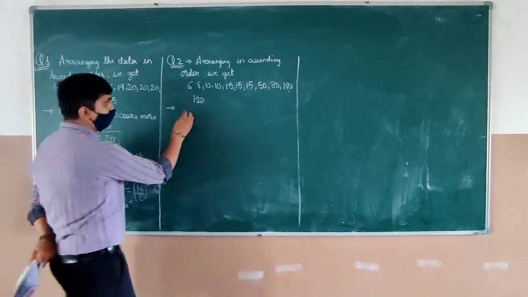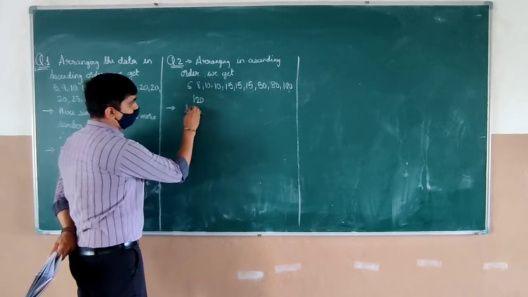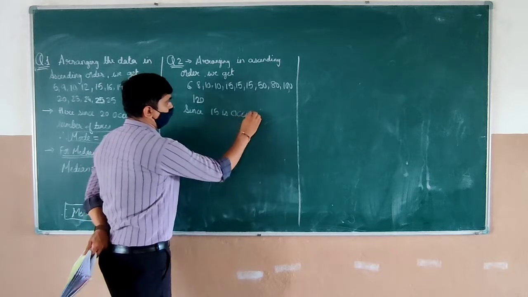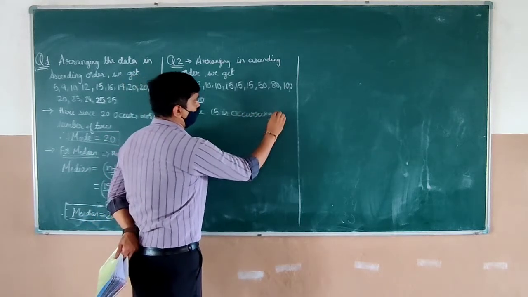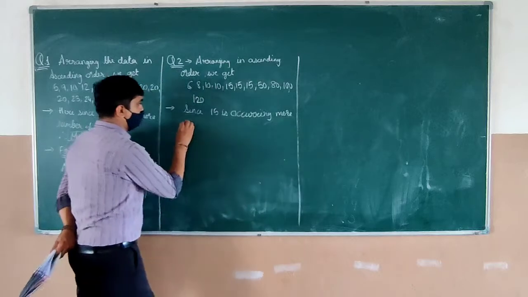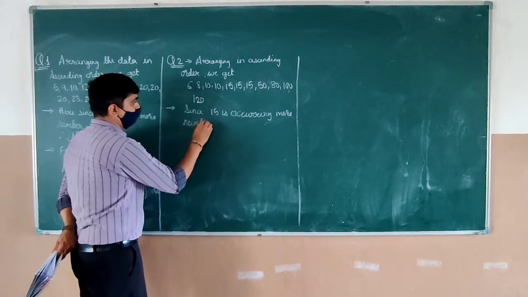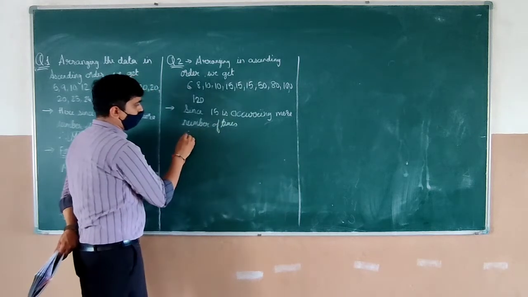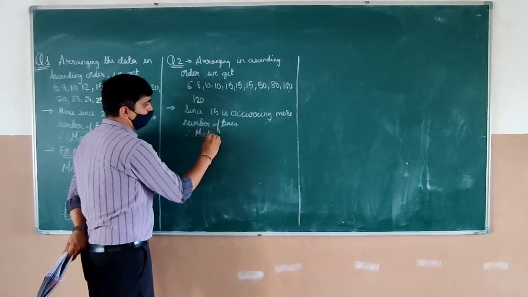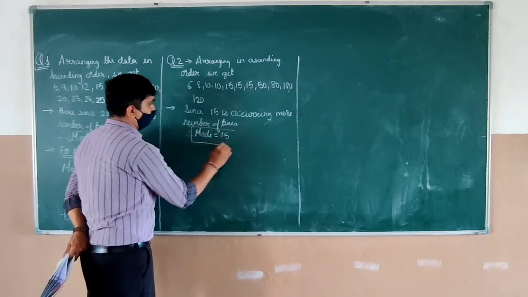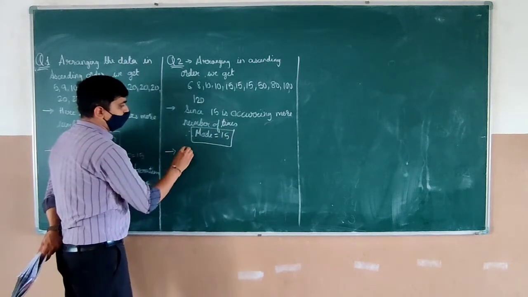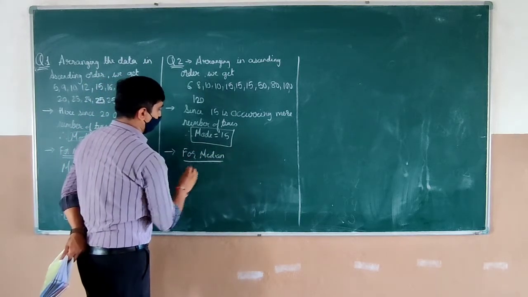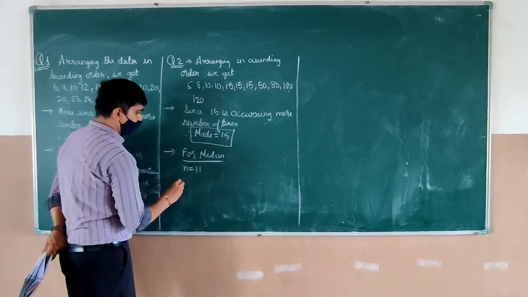So we will write: since 15 is occurring more number of times, therefore mode is equal to 15. For median now, what is n? N is equal to 11.